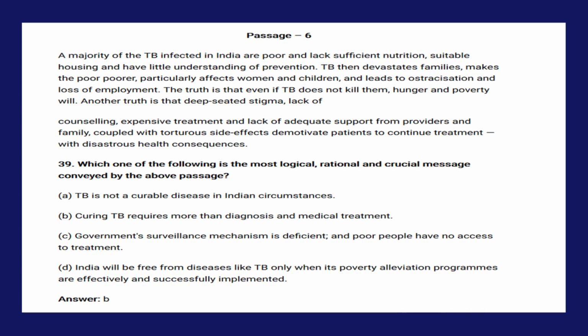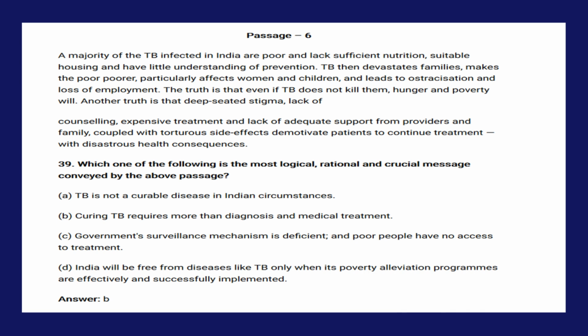Passage 6. A majority of the TB infected in India are poor and lack sufficient nutrition, suitable housing, and have little understanding of prevention. TB then devastates families, makes the poor poorer, particularly affects women and children, and leads to ostracization and loss of employment.